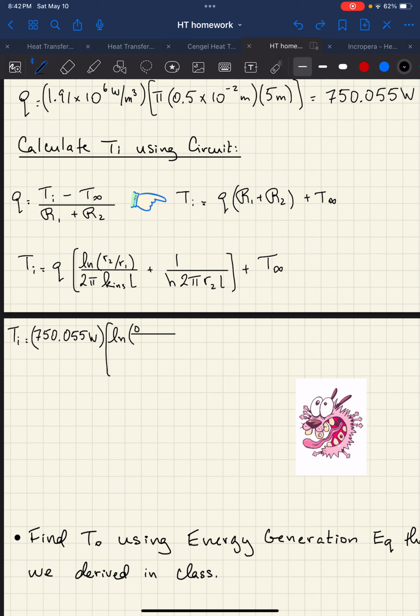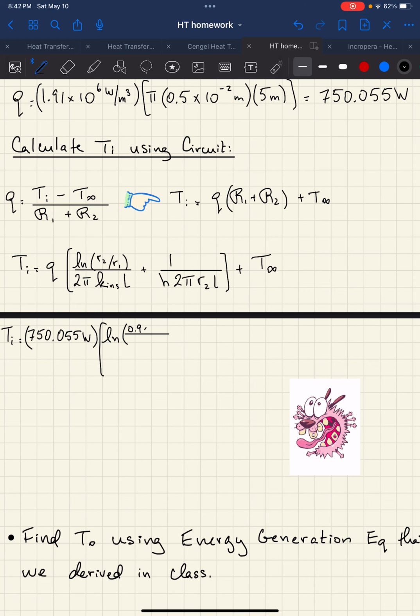Make sure that this is as legible as possible. The R1 is 0.5 centimeters. 2 pi times k of the insulation, which is 1.2 watts per meter Kelvin, and the length of the power cable is 5 meters.